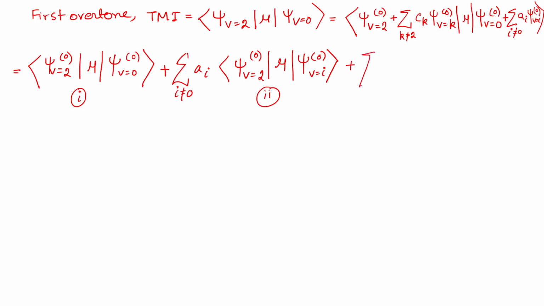Now the third one consists of again the one I was writing earlier, c_k, v equals 2, sorry, v equals k, 0th, mu. This is my third integral.